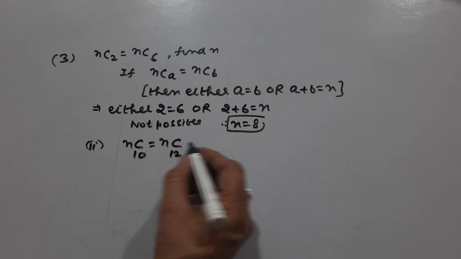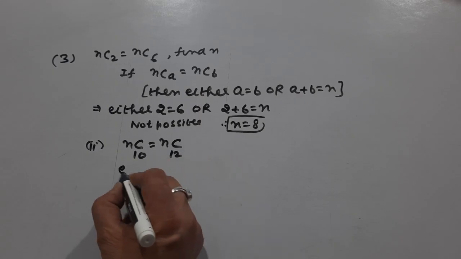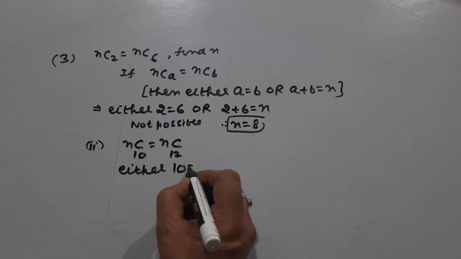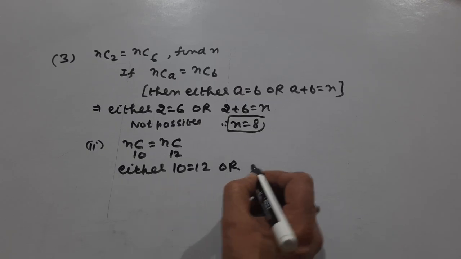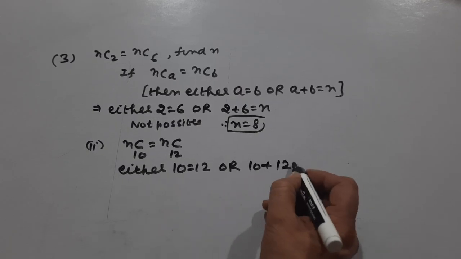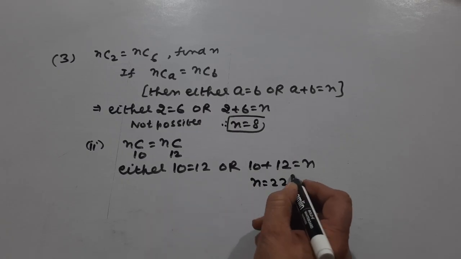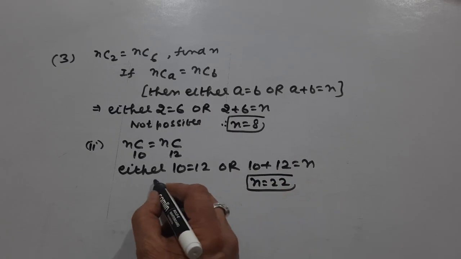So students, again by using the same property, we have either 10 equals 12 or 10 plus 12 equals n. So we can say n equals 22, since 10 equals 12 is not possible.